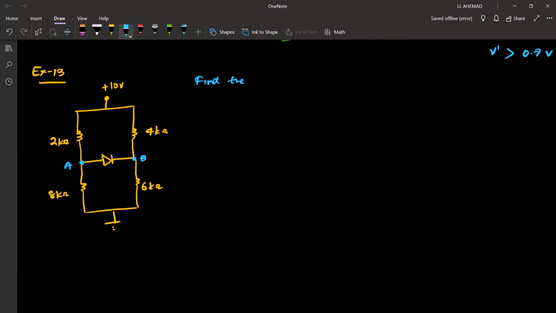Find the current through the diode. So the first step is to check whether this diode is forward biased or not. So let's look. This is silicon.